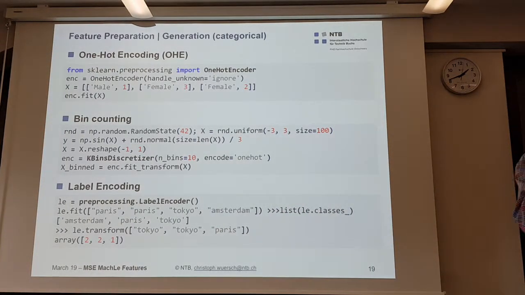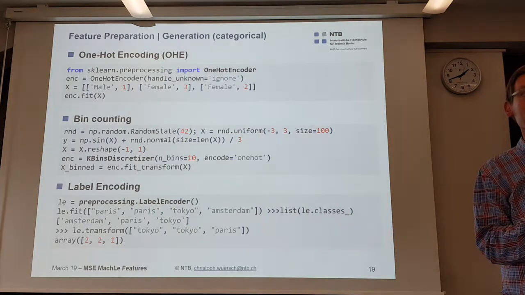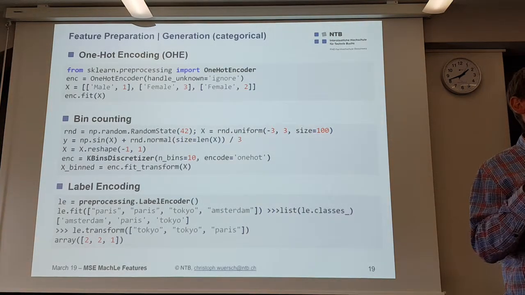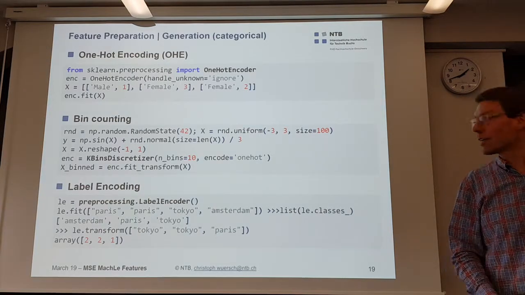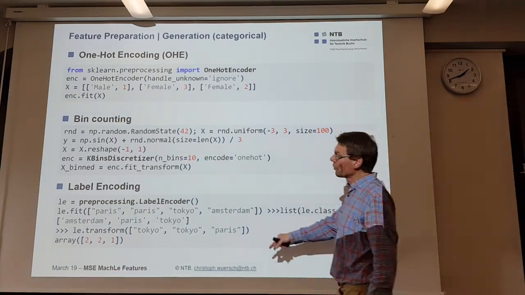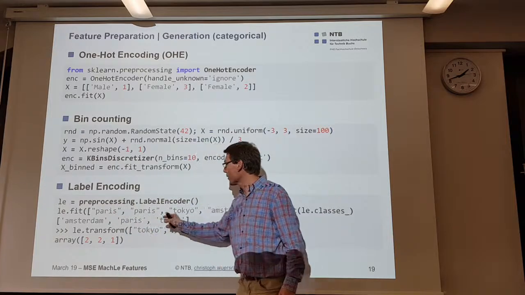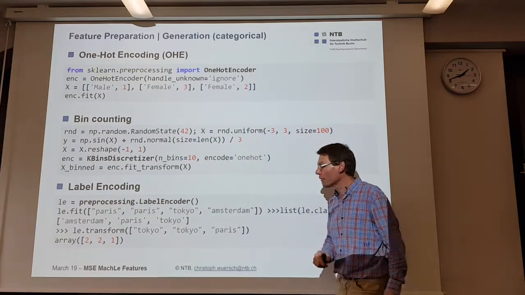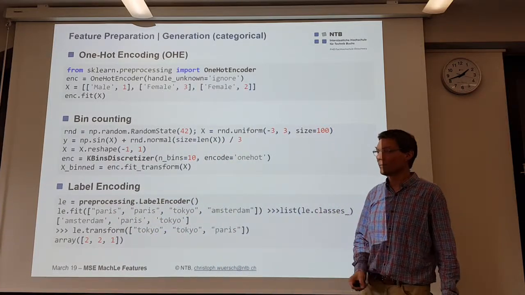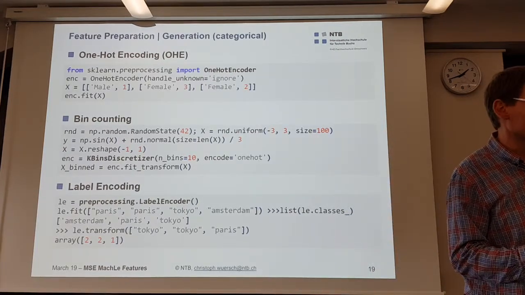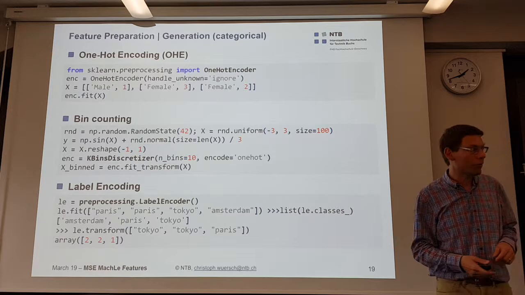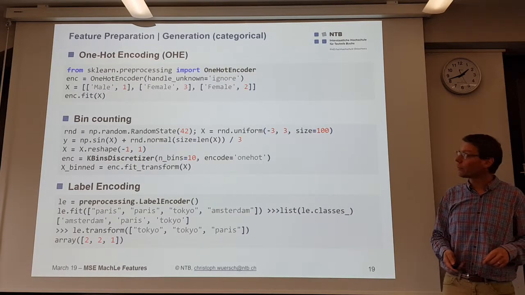So it looks at the number of unique features and gives the numbers automatically. This is the label encoder. And from now on, you don't actually have Paris and Tokyo or Amsterdam as features, but just 2, 0, 1. And the assignment you can reverse to get it back. So there's an inverse transformation for the label encoder.